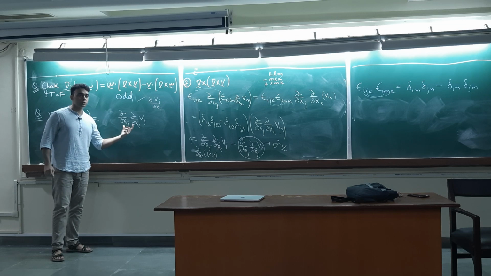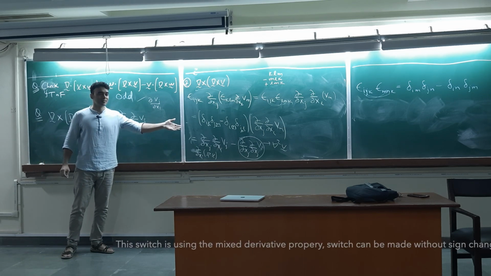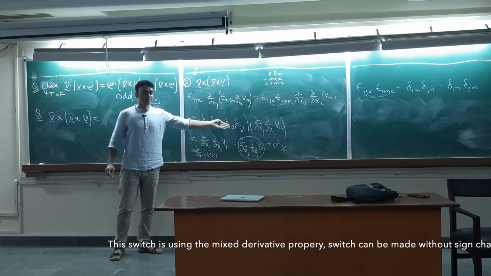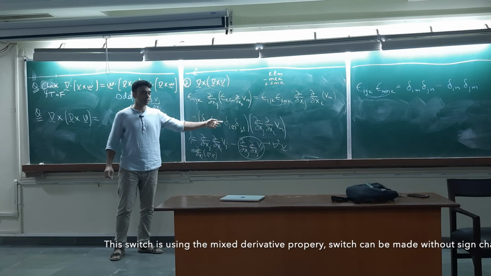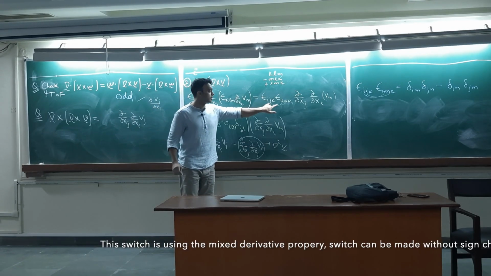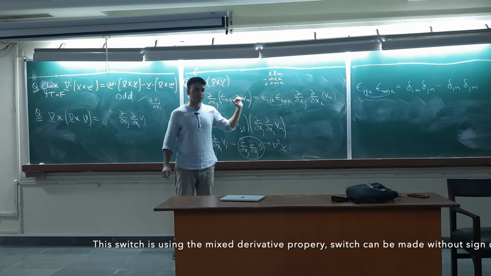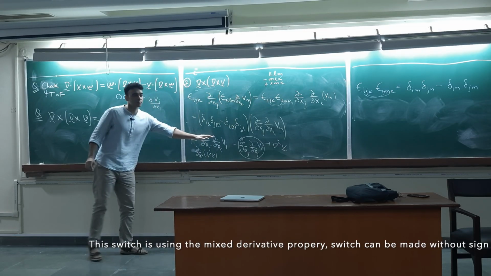Now what is your question? If I am flipping this, there is no epsilon, right? There is no Levi-Civita tensor. We made it Kronecker delta using the identity. Only if you are making sign changes when this guy is around, only then. Now it's just a simple vector product.